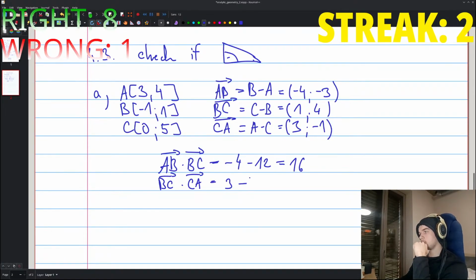This is 3, -4, 1, and it's -12 plus 3 is minus 9. There are no right degree angles.